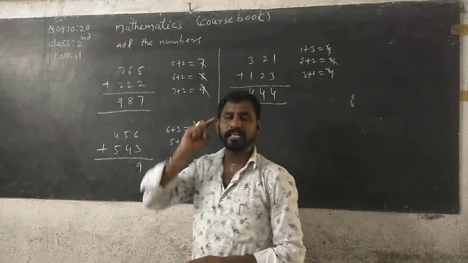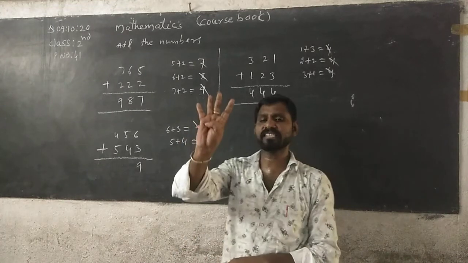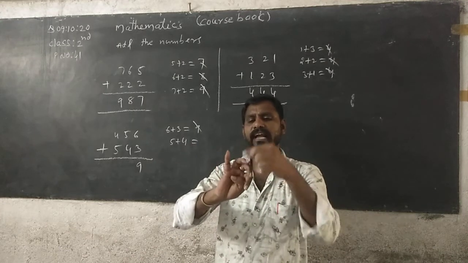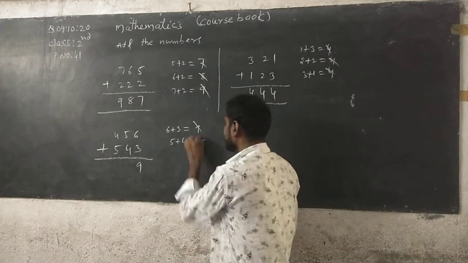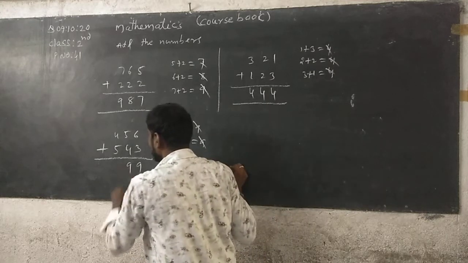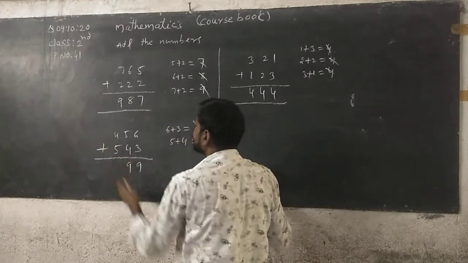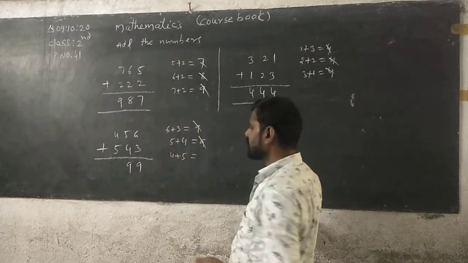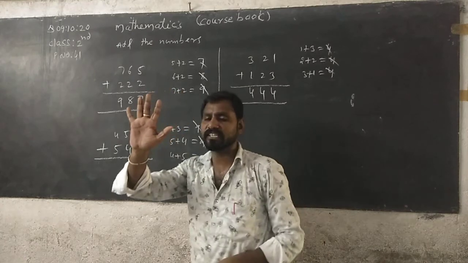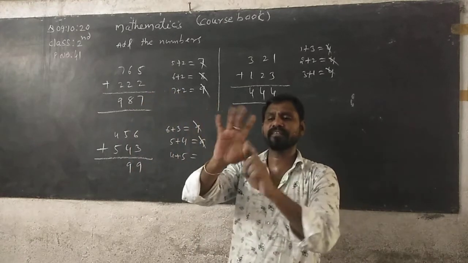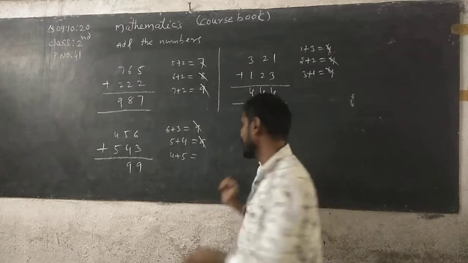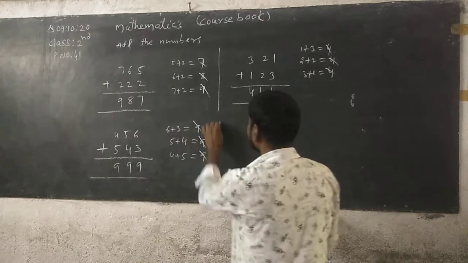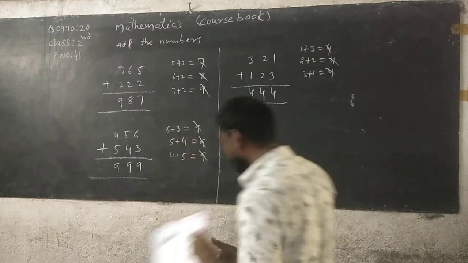Keep 5 in your mind and take 4 fingers in your hand. You can count 5 after 6, 7, 8, 9. Write 9 under tens column. Next we add the digits in hundreds place, that is 4 plus 5. Keep 4 in your mind, take 5 fingers in your hand. You can count 4 after 5, 6, 7, 8, 9. Write down. So what is the sum? 999.